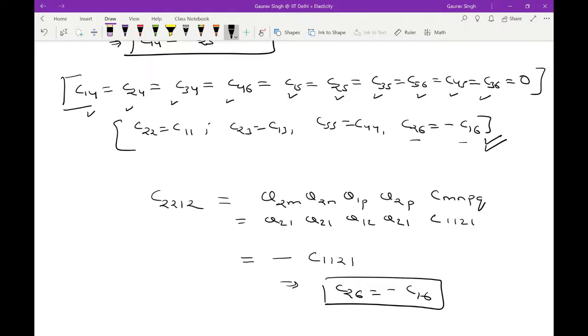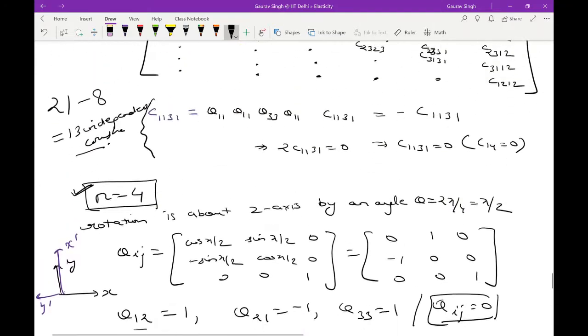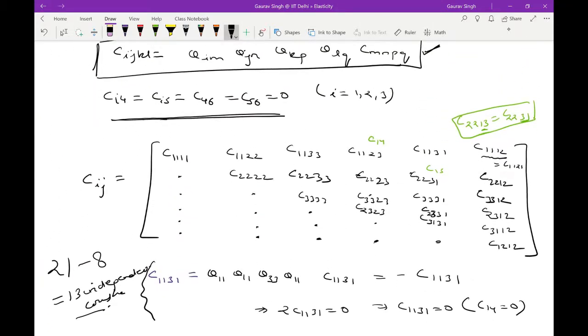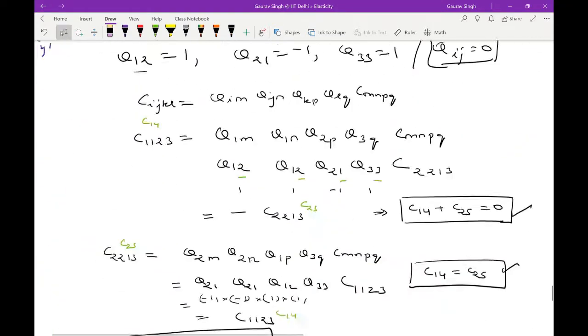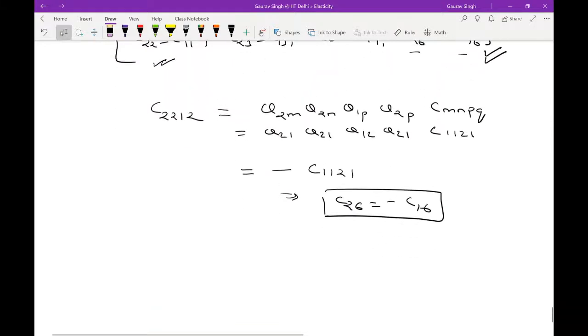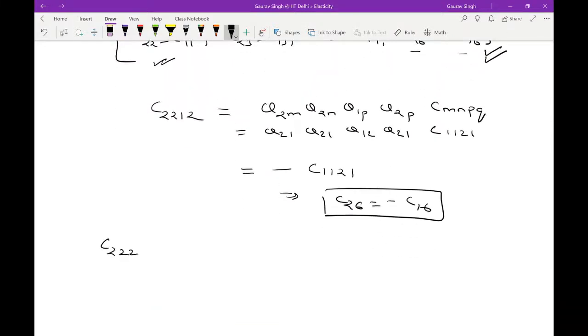Let me just prove one more just for the sake of completion. Let me try C22 equal to C11. So let's see what C22 is. C22 is quite simple, C2222, equal to Q2M Q2N Q2P Q2Q CMNPQ.